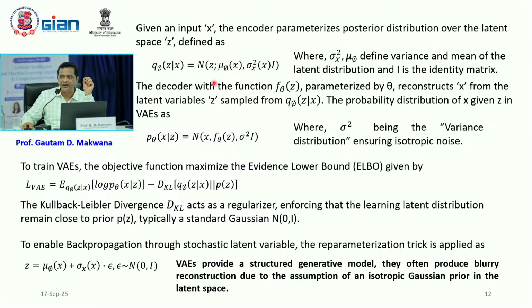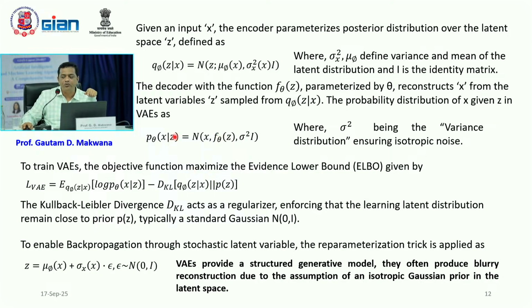So this variational autoencoder uses the Gaussian distribution as its probability distribution. The decoder function f theta of Z, parameterized by theta, reconstructs X from the latent variable Z, sampled from q theta of Z given X. The probability distribution of X given Z is given by this.